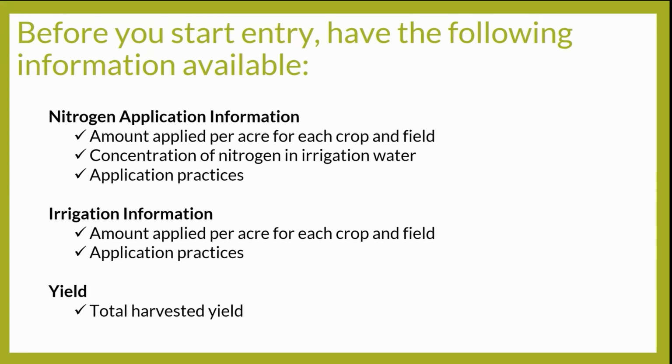If it's 0, that's fine. You can put that in. And then also your management practices, both your nitrogen and your irrigation practices. Also with your farm plan is all of your sediment, erosion, and wells, so you want to make sure you have all of that familiar. And then your yield is your other one. You want to have all of your total harvested yield ready to be inputted into the system.